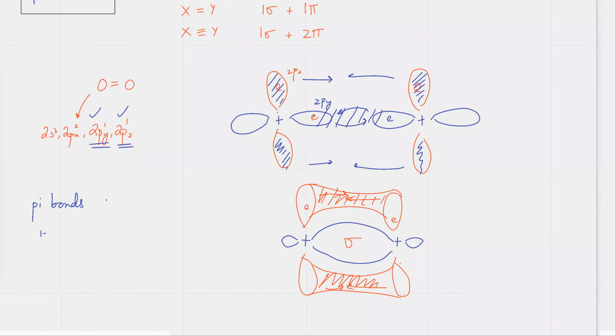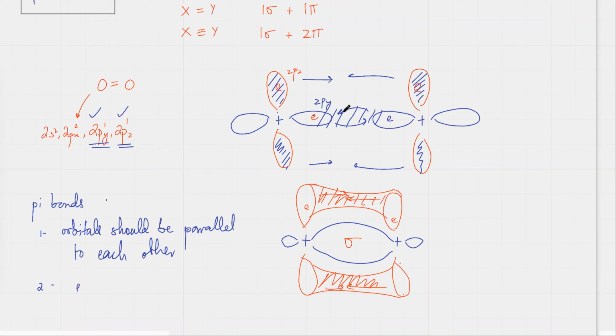For a pi bond, orbitals must be parallel to each other. For sigma, it was an end-to-end overlap. The orbitals were right next to each other, and one end of one orbital overlapped with the other end of the other orbital.